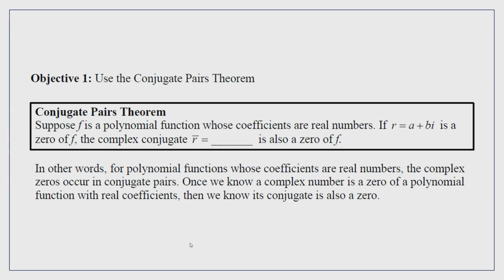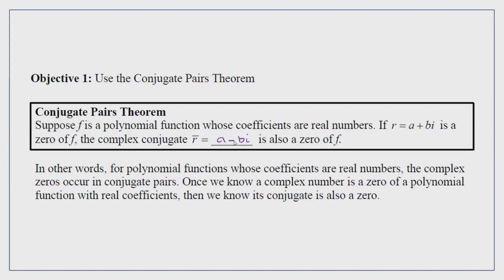If r equals a plus b times i is a zero of f, then the complex conjugate, r bar, equals a minus b times i, is also a zero of f.